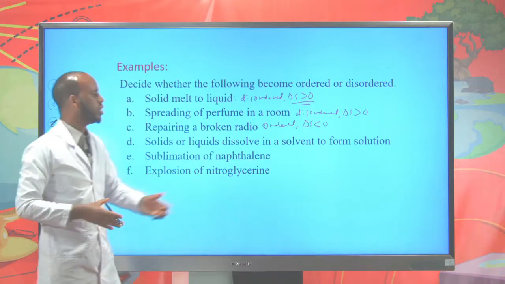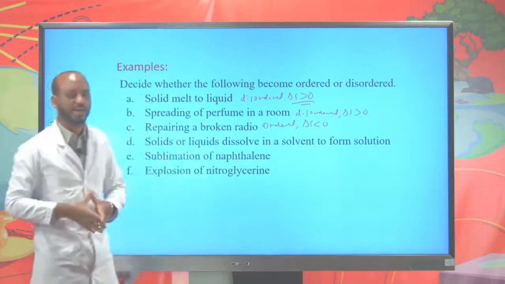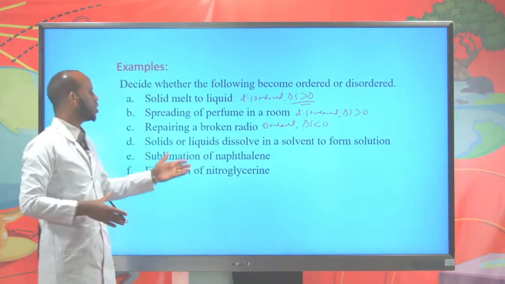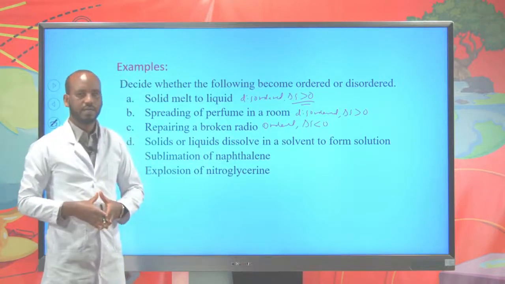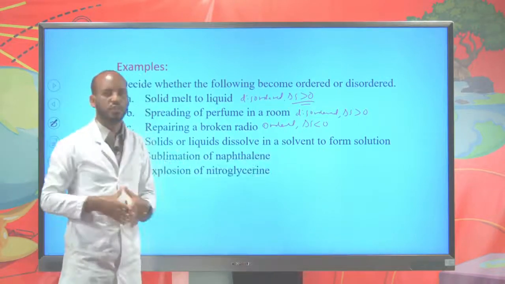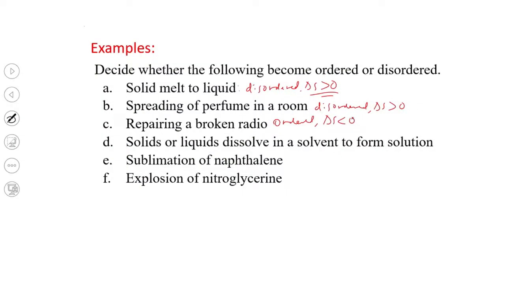The change in entropy, delta S, is greater than 0. E. Sublimation of naphthalene, disordered. Delta S is greater than 0. F. Explosion of nitroglycerin, disordered. Change in entropy, delta S, is greater than 0, and the sign of delta S is positive.